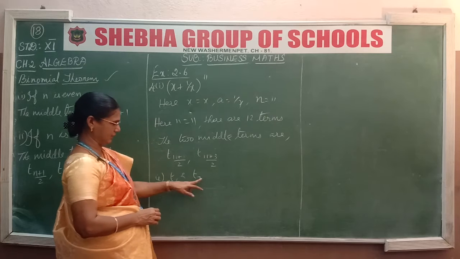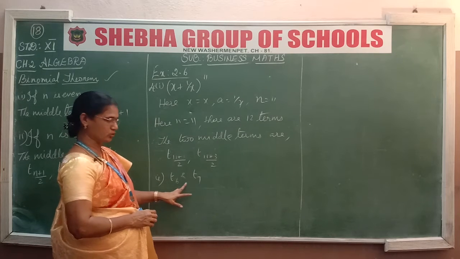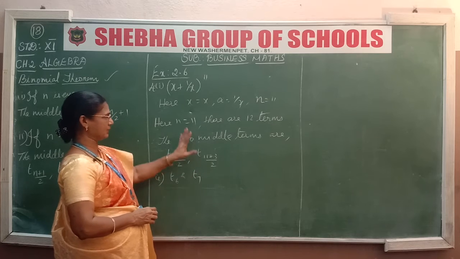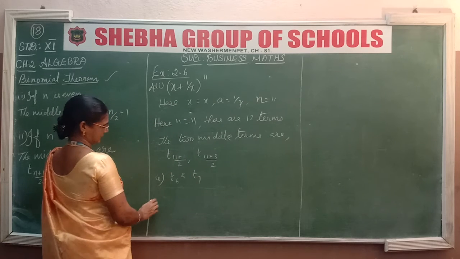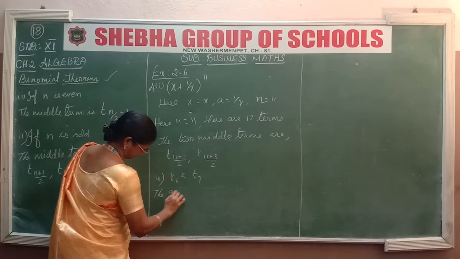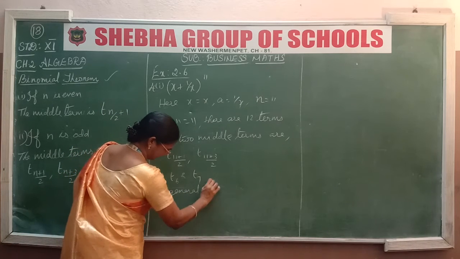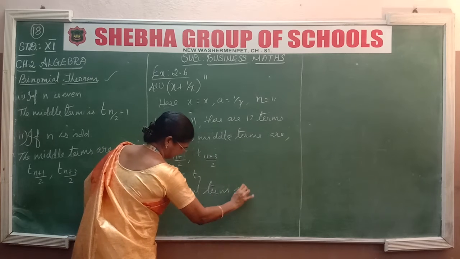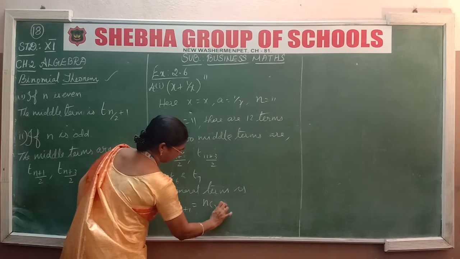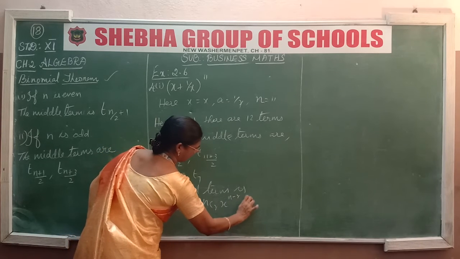These two are the middle terms. Consecutive terms will come, 6 and 7. T6 and T7 are the middle terms of this expansion. First write the general term formula. General term is T r plus 1 is equal to nCr x power n minus r into a power r.